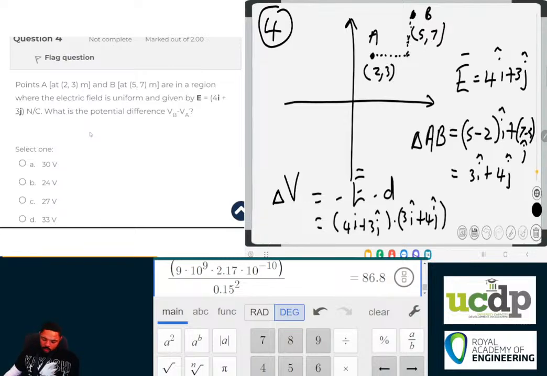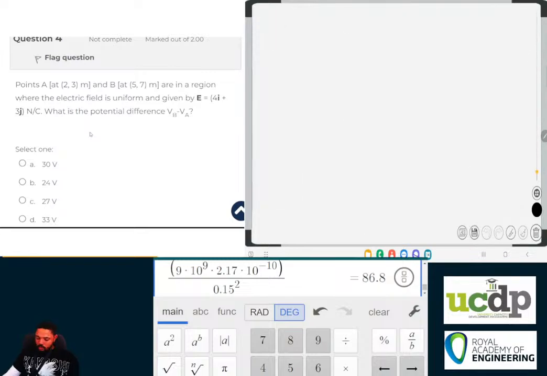Now, if you dot this, 4 times 3 is 12, 3 times 4 is 12. So you will end up with the negative of 12 plus 12, which is equal to the negative of 24 volts.